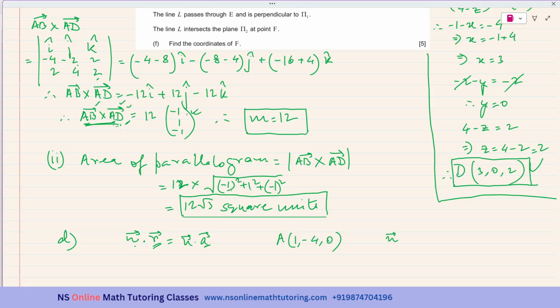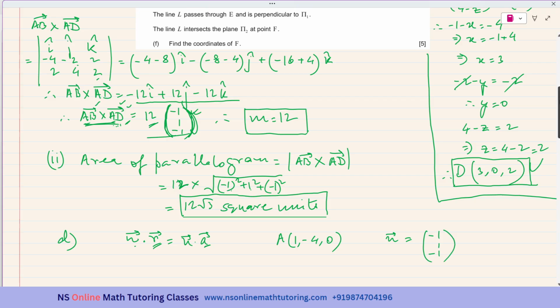I can take this entire vector, minus 12i plus 12j minus 12k, as the normal vector, or else I can take only this part, because multiplying with this 12 will just change the magnitude. The direction will still be the same. So I need the direction, not the magnitude. Hence, I'll take the normal vector as minus 1, 1 and minus 1.